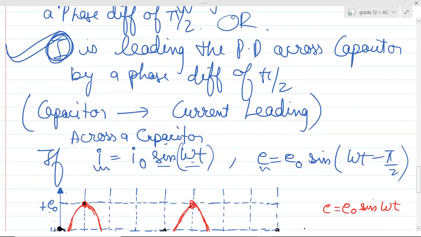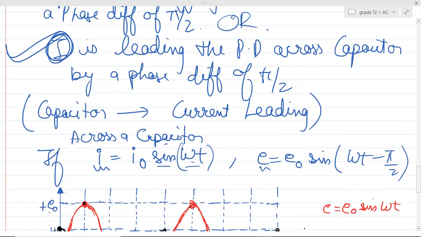It does not happen that when current is not flowing, the capacitor charge is increasing and current is also increasing. No, it does not happen like that, right? So basically, when the current starts flowing, the charge on the capacitor keeps on rising, due to which the current keeps on decreasing.